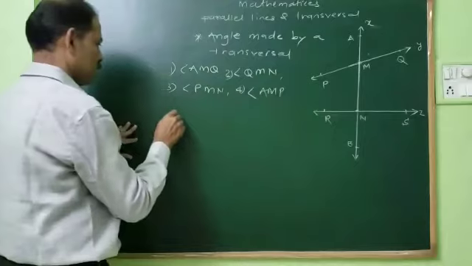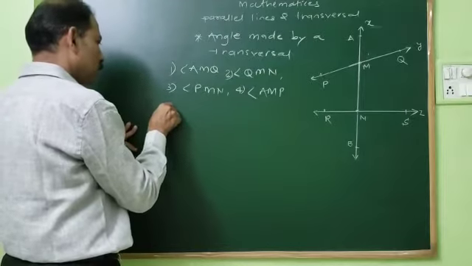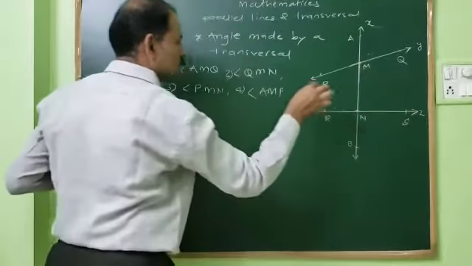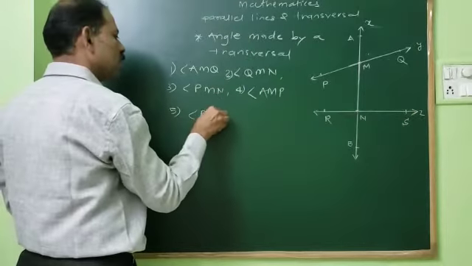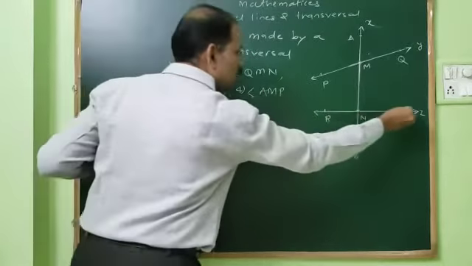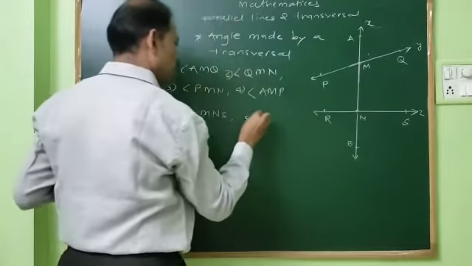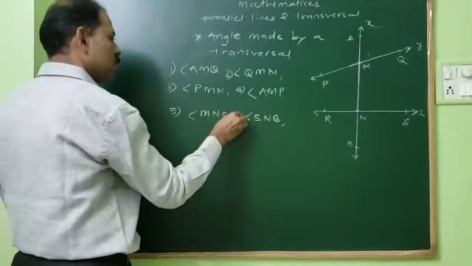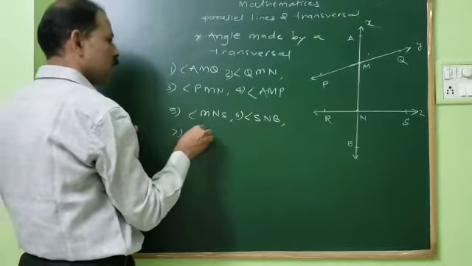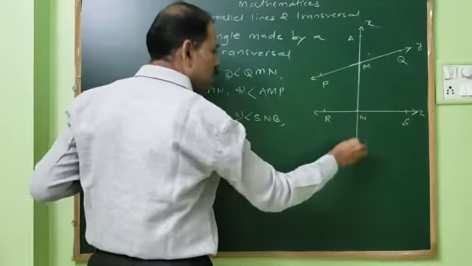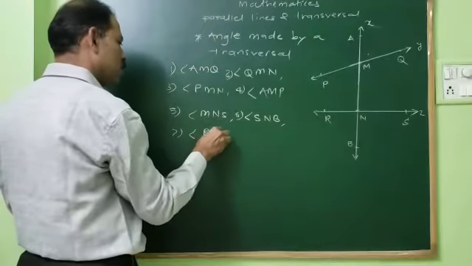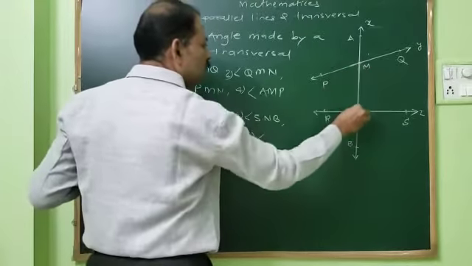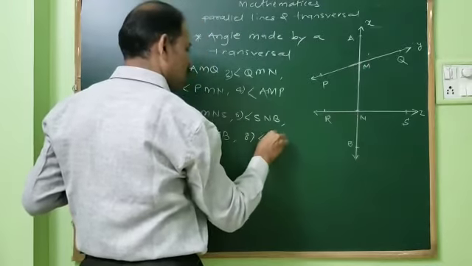Another four angles, let me start from number 5: angle MNS, then SNB, that is angle number 6, 7 is angle RNB, and the 8th is angle MNR.